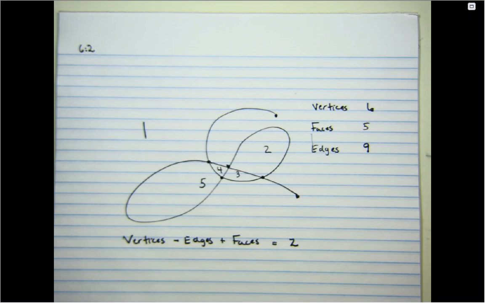1, 2, 3. Counted all these wrong, but right. That comes out to 2. Edges. 7, right. 11, minus 4.